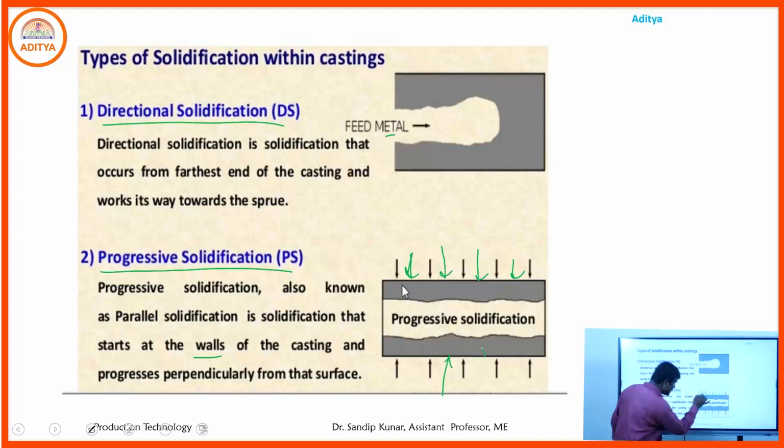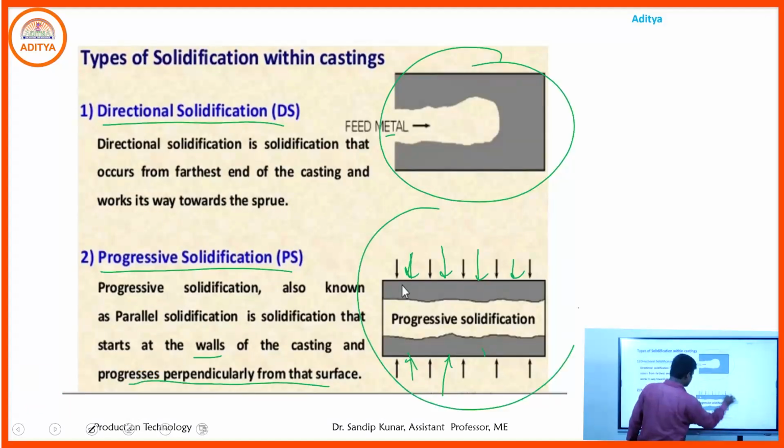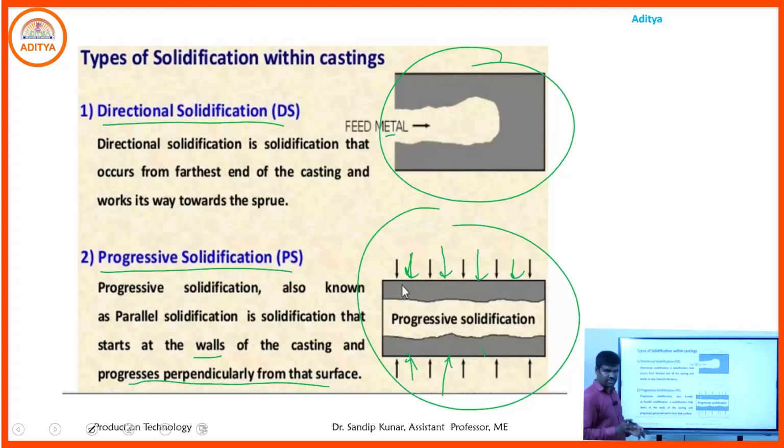The removal of heat from the walls is perpendicular, so progressive solidification proceeds perpendicularly from that surface. We consider the heat extraction from that surface to be perpendicular. That is the progressive solidification.